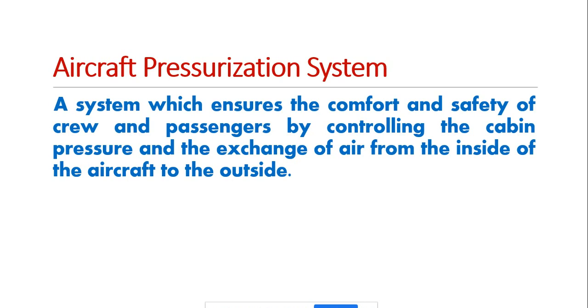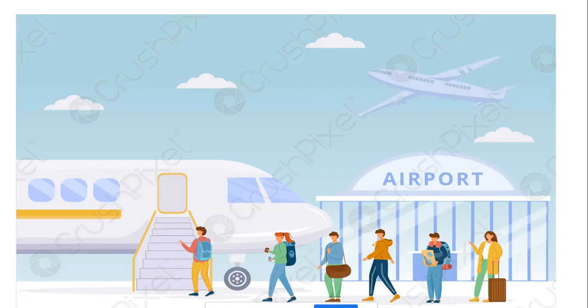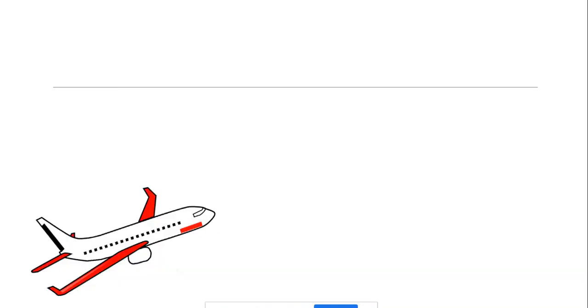So before getting into the topic, we'll be seeing one small animation for this cabin pressurization. So what will happen when the aircraft is flying? Here, first of all, the aircraft is at the airport for boarding the passengers. Now the passengers are boarding the aircraft.